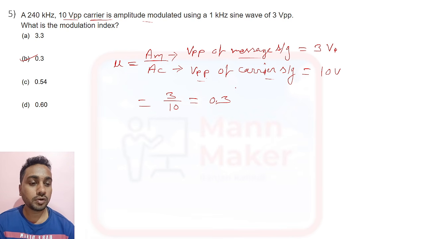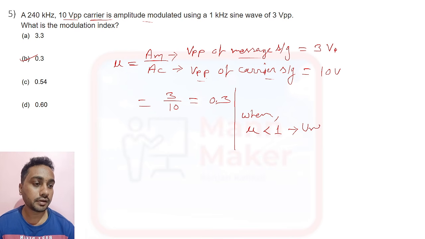Now one more thing you should remember here. They will ask some question like this. When mu, the modulation index, is less than 1, it is called under modulation.